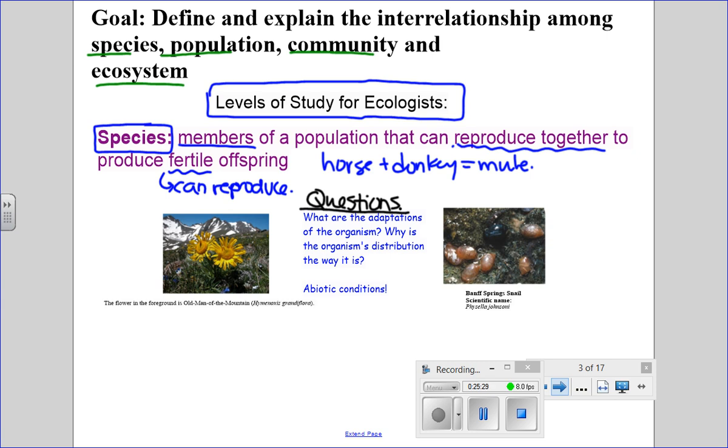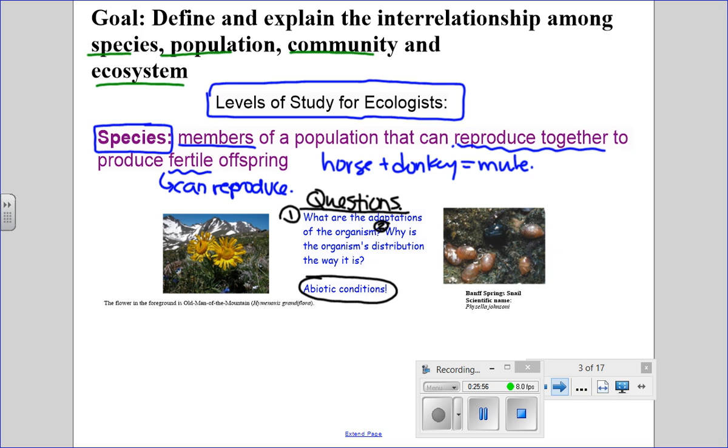We really have to focus on abiotic conditions. That's because when we're focused on one organism, we're not thinking about its interactions with other organisms yet. That's what one of the next levels will be. Some examples would be, what adaptations does the organism have? Or perhaps, why is the organism's distribution the way it is?